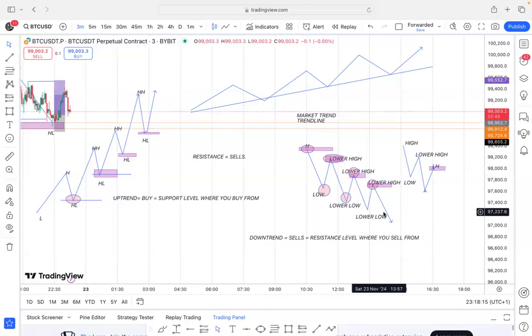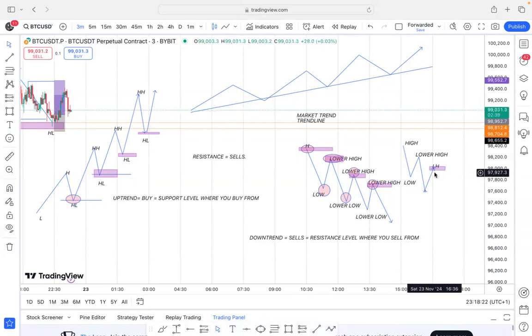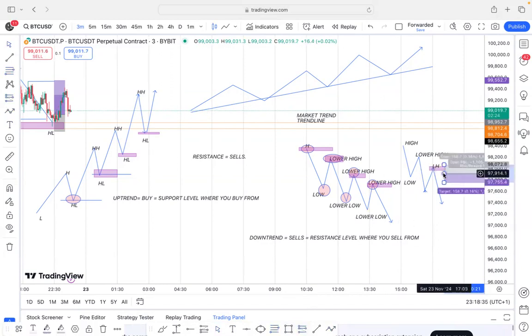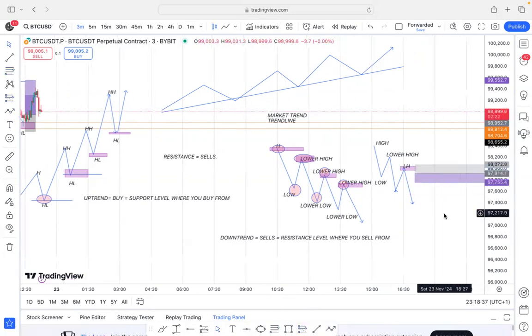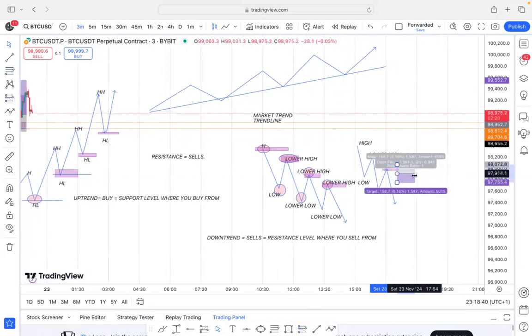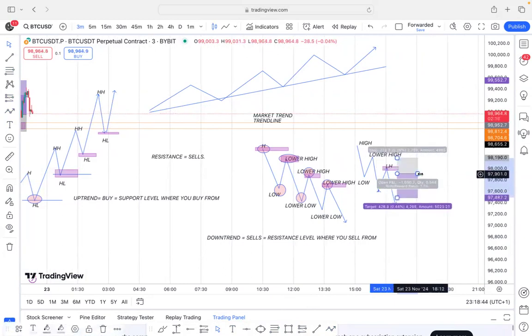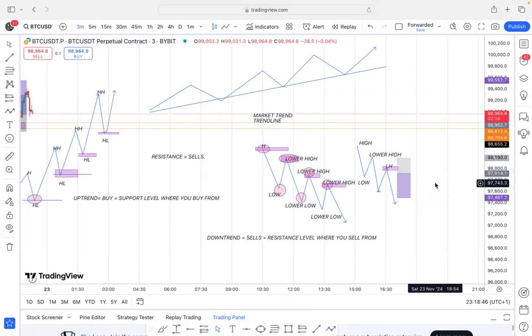So whenever price creates a new lower high, just know you want to see if that level is a resistance zone. That's it. Resistance is where we sell from. So now we know price is coming back somewhere at this lower high, and what are we going to be doing? Placing a sell position like this.